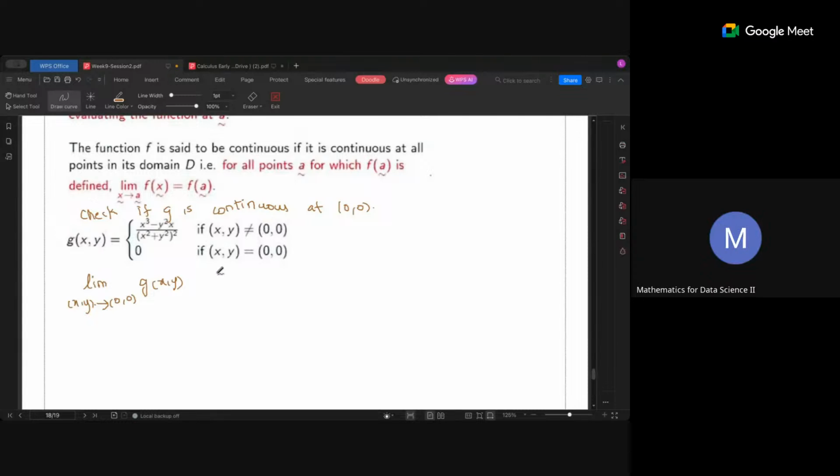One thing you notice is that g(x, y) does not vanish for any non-zero values. For (x, y) not equal to 0, g(x, y) is always non-zero, right? So is it possible that these non-zero values are converging to 0 as the function is going to 0? You have to take the limit of both of them to check at 0.